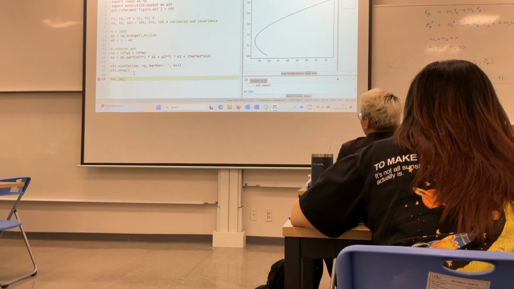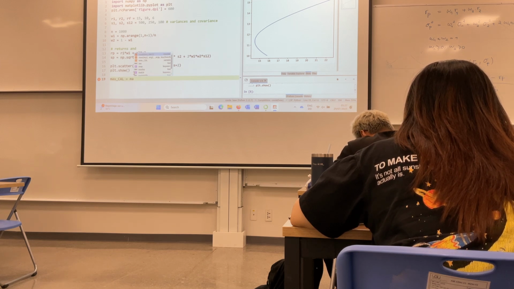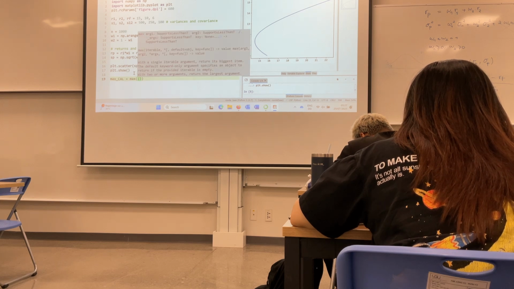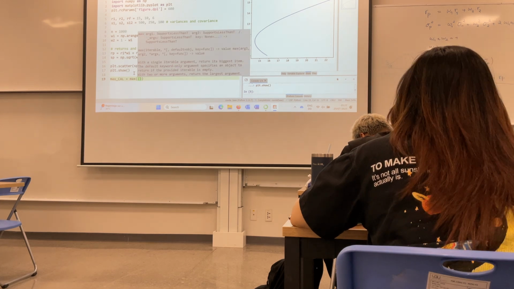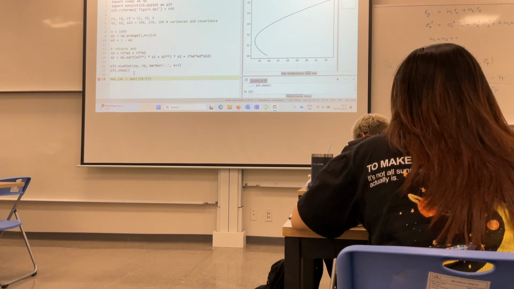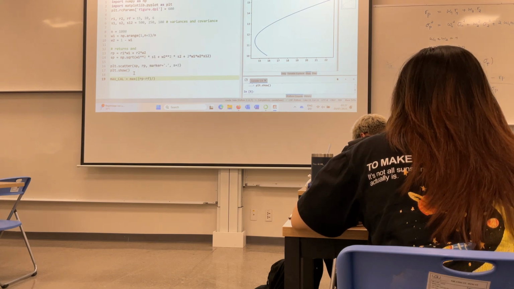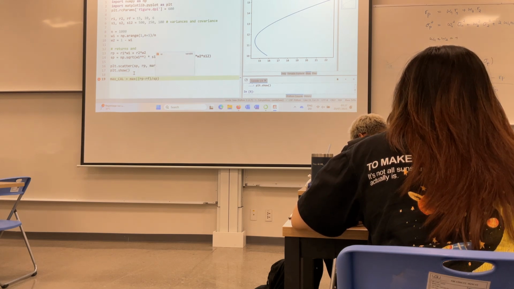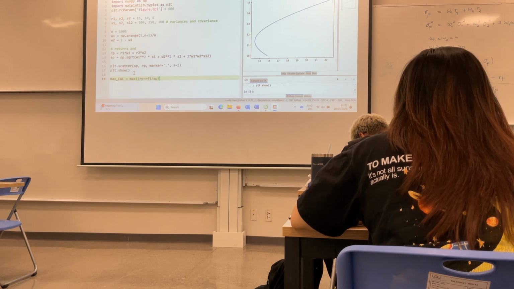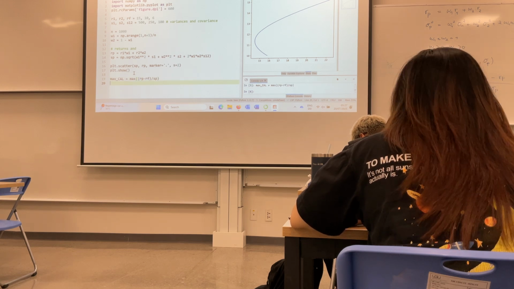That's the portfolio essentially here. And I can look at the maximum value, that's RP minus the risk-free rate divided by SP hat. So what is the maximum value that we have here? Well, that's the max hat, all right?